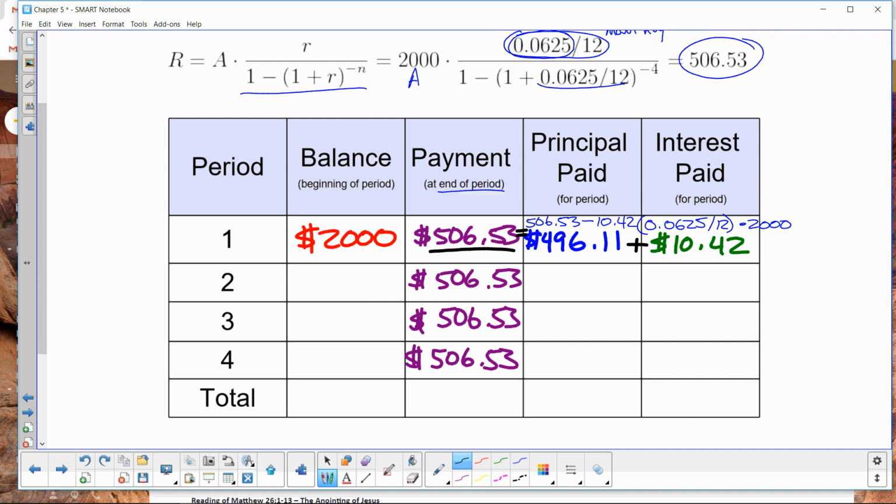Well, it was 2,000, but I paid 496.11 toward the 2,000. So this calculation here is going to be 2,000 minus 496.11.